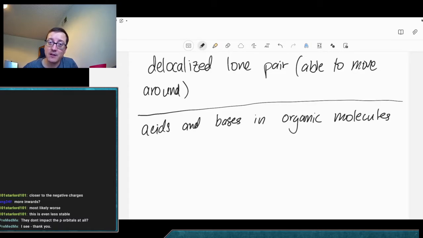And we're going to see we have a number of different factors that are going to make certain things better at being acids and certain things worse.